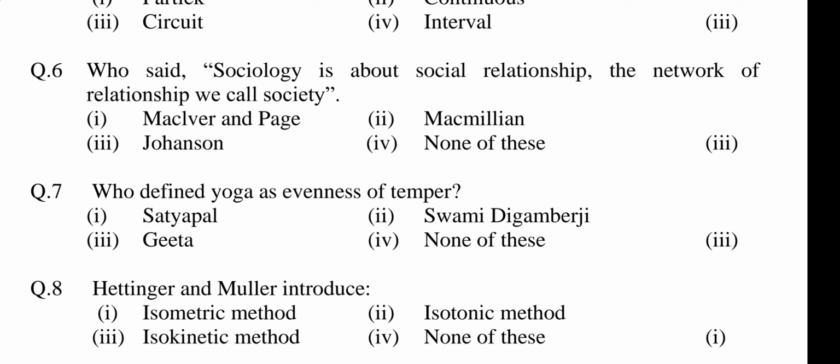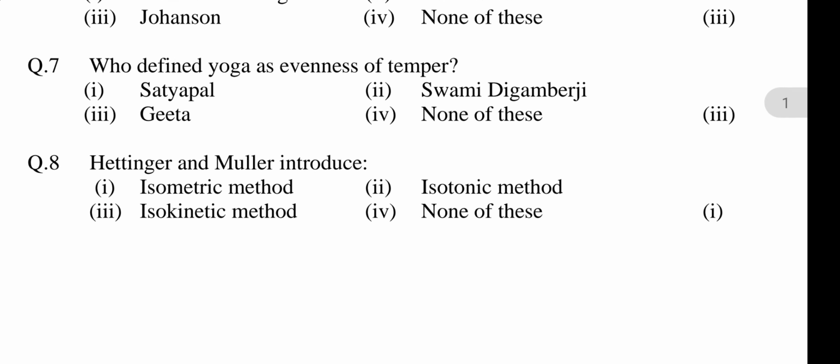Answer is option third, Johnson. Question number 7. Who defined yoga as evenness of temper? Option first, Satyapal. Second, Swami Digambarji. Third, Gita. Fourth, none of these. Answer is option third, Gita.